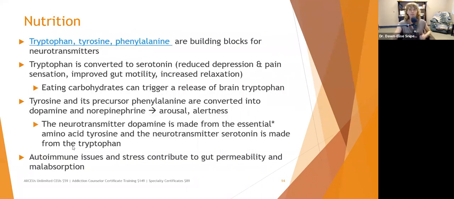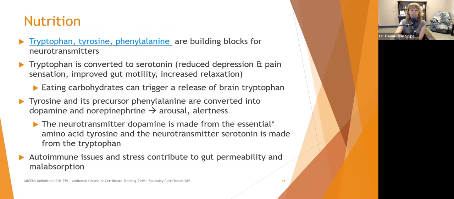Nutrition. Tryptophan, tyrosine, and phenylalanine are building blocks for neurotransmitters. Those are all amino acids, proteins. Tryptophan is converted to serotonin, which contributes to reduced depression and pain sensation, improved gut mobility, and increased relaxation. Eating carbohydrates can trigger a release of brain tryptophan.